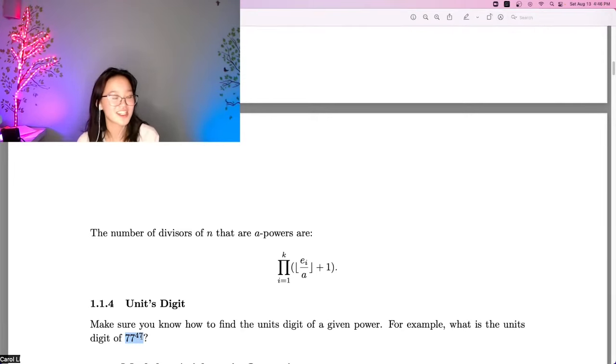If you don't know, you can try to find patterns. Okay, so I think a lot of people got it. The answer was 3. So how would you do it?